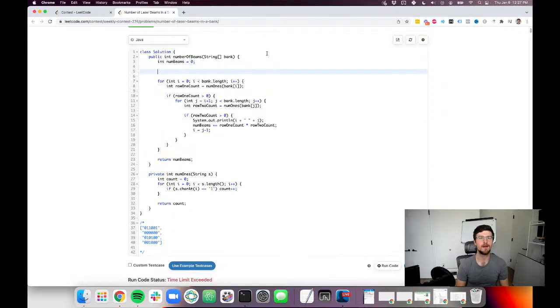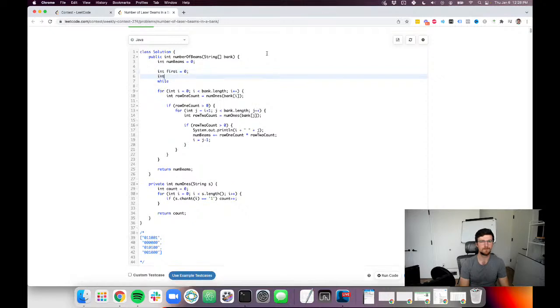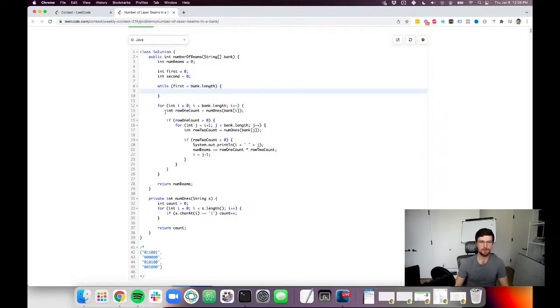Honestly, the better way to do this would be with a while loop. So we'll just call it int first equals, and then while, and basically I'm just going to move all this into there.